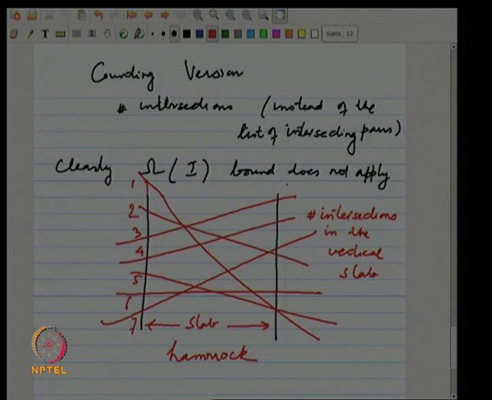So, this is 3, this is 4, this is 7, this is 2, there is some ordering. So, if I know the ordering of the segments on both sides, how quickly can you find that?